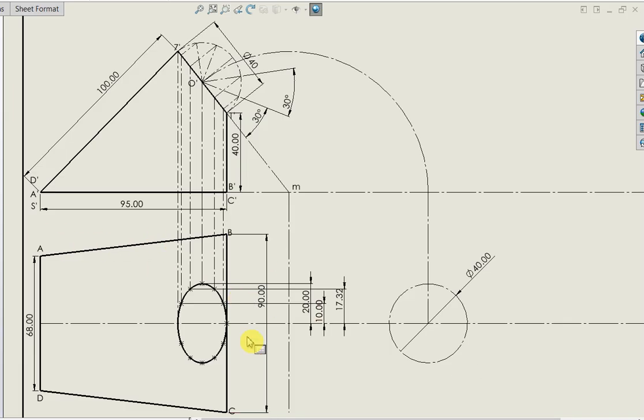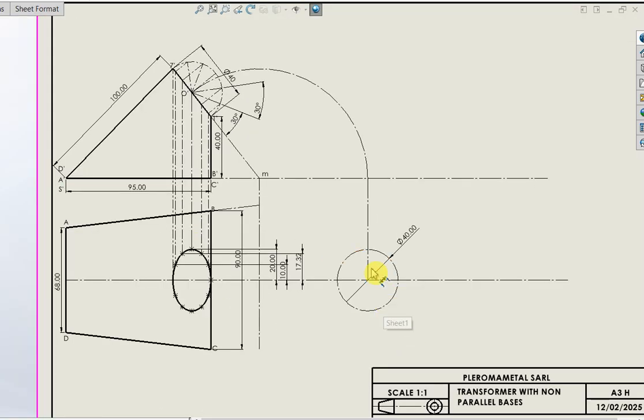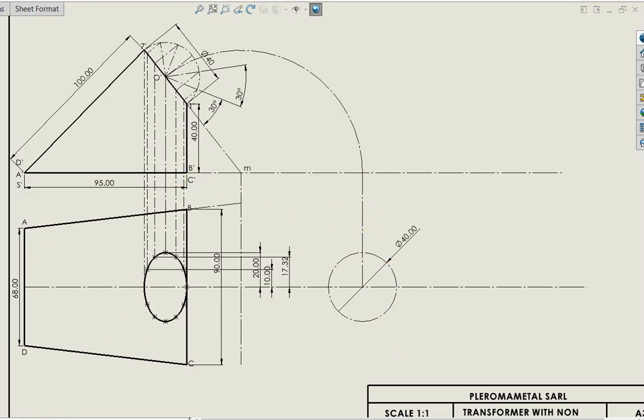Next, I'm going to project points B, line AB and CD, to make this line, ensuring that these 2 lines are collinear. Same with this, I'll draw a line.